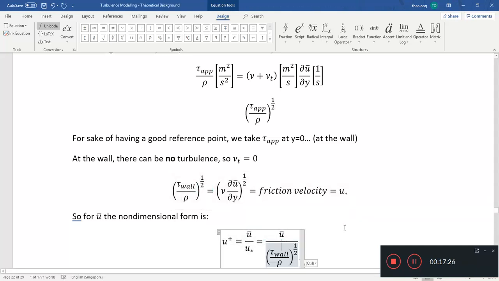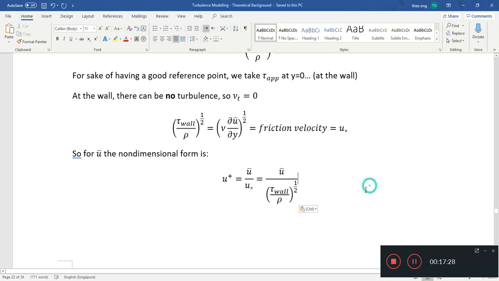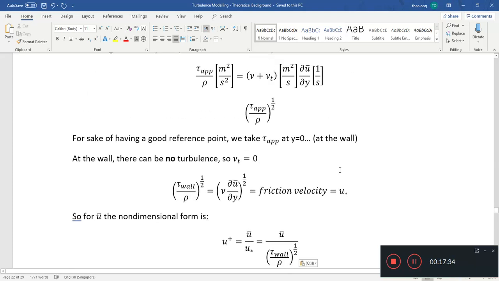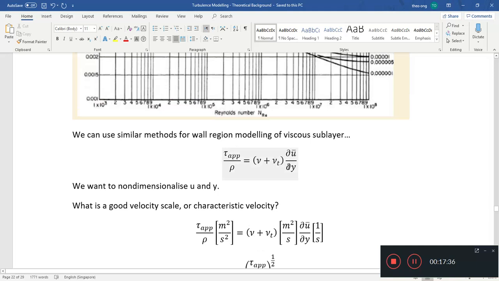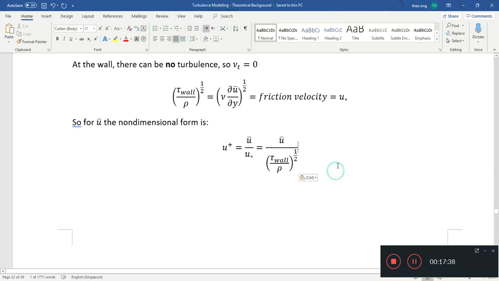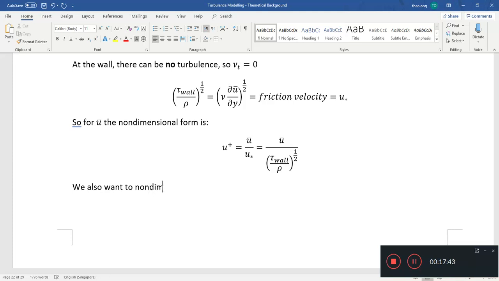That's all we are doing here. Now the next step is that we want to non-dimensionalize y as well. So what is the appropriate length scale?